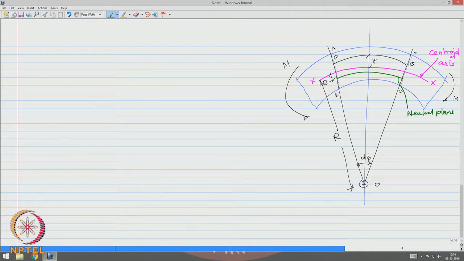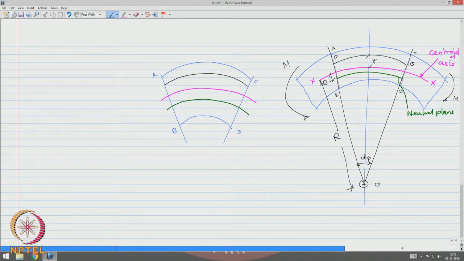Parallelly, let us take up the segment ABCD, which has the neutral layer, the centroidal layer and the fiber PQ.